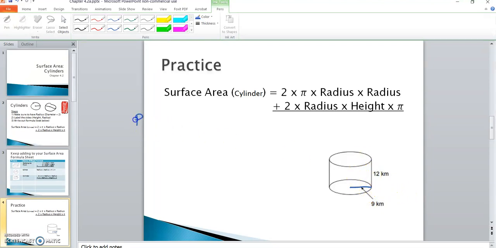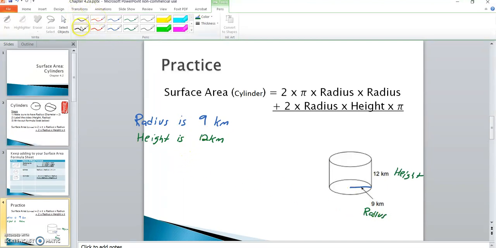So our radius is 9 kilometers. And our height is 12 kilometers. Sorry, this was our radius.